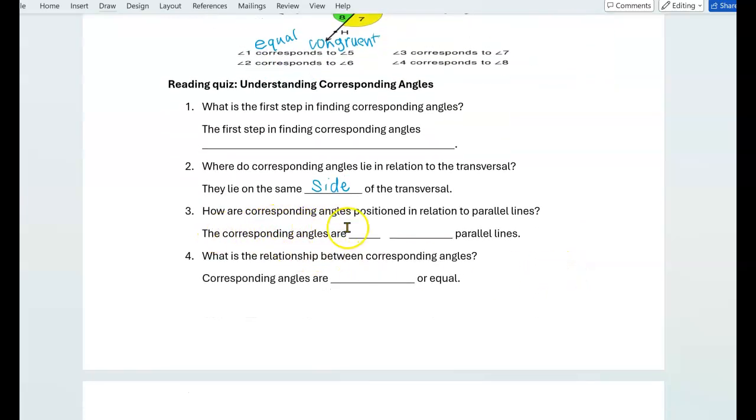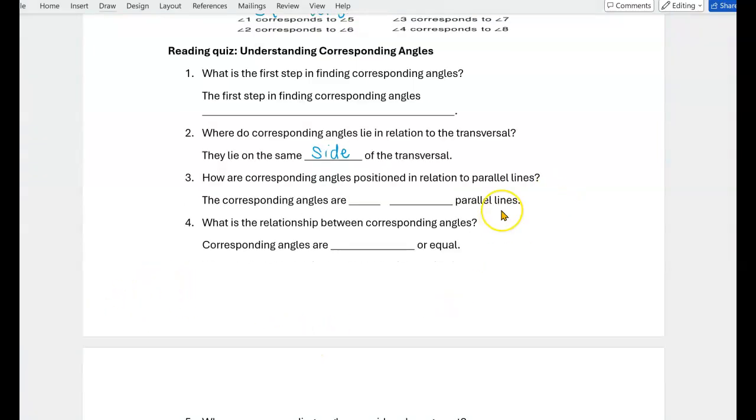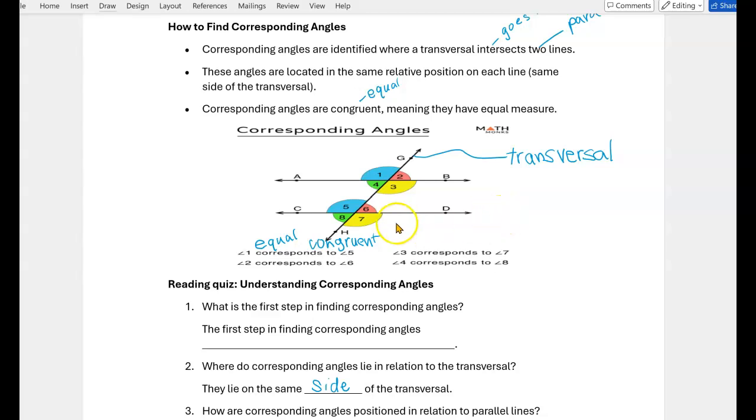Number 3, how are corresponding angles positioned in relation to parallel lines? The corresponding angles are blank parallel lines. What do you think about that? Well, the corresponding angles, going back to angle 1 and angle 5, angle 2 and 6, angle 3 and 7, angle 4 and 8, they're on different, what?